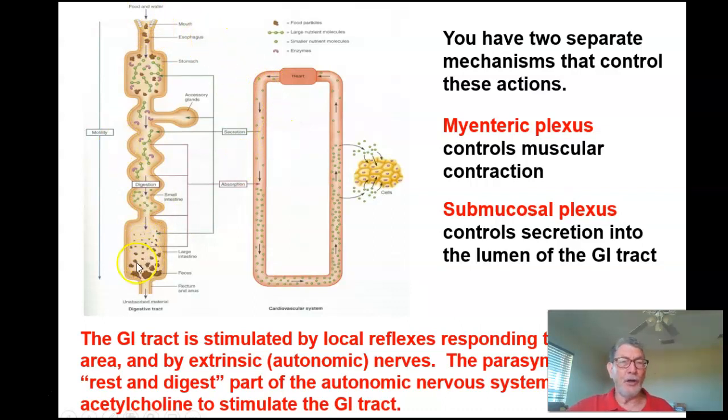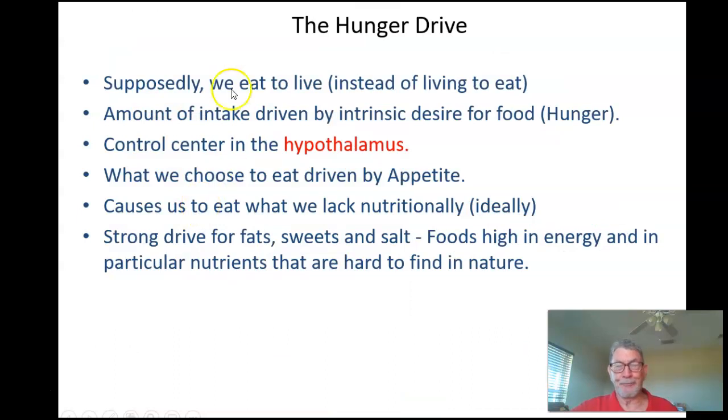We can also stimulate it by the contents of the stomach or the digestive tract, which stimulate receptors to produce some local hormone type substances that will cause things to happen.